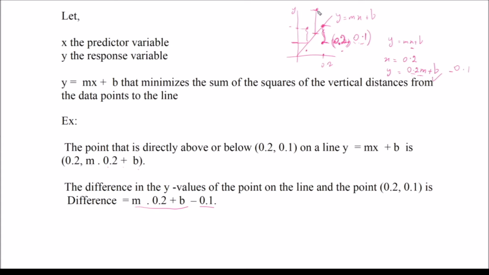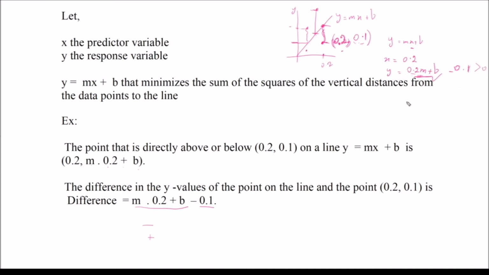These values will vary. Some values might be negative, some will be positive. Why? If we have the point above the line, this will be positive, obviously. If it is below the line, it will be negative. For example, if I take this one as a big value and subtract 0.1, this is always a positive value.